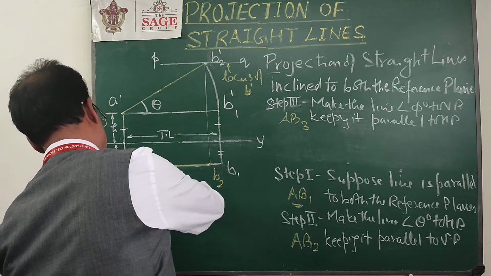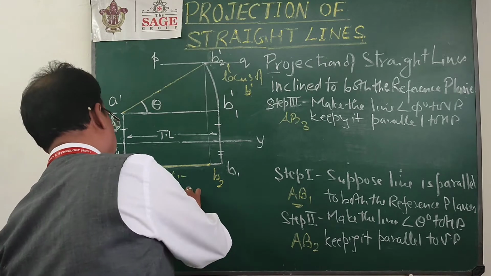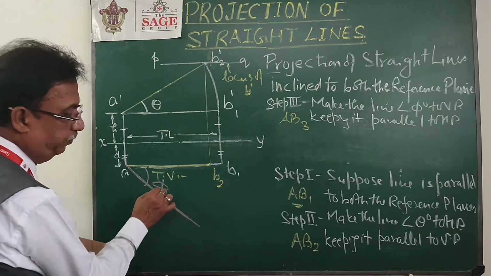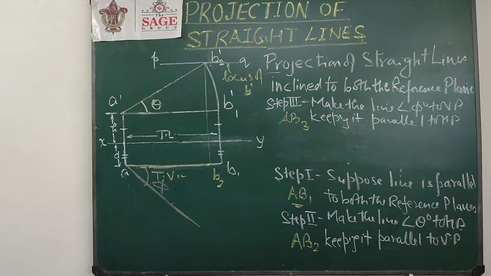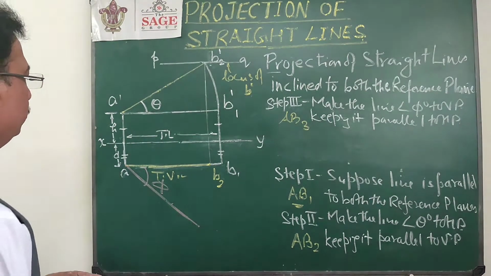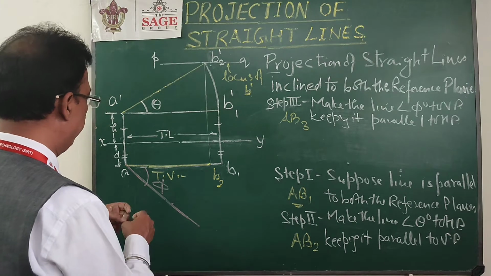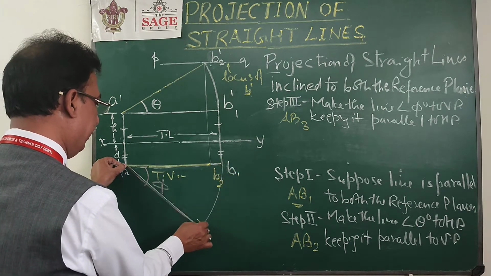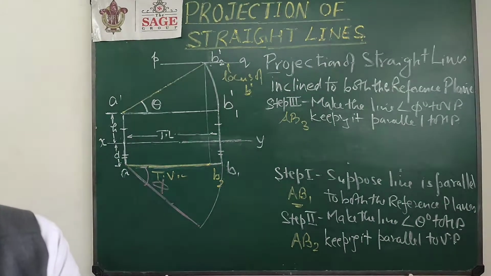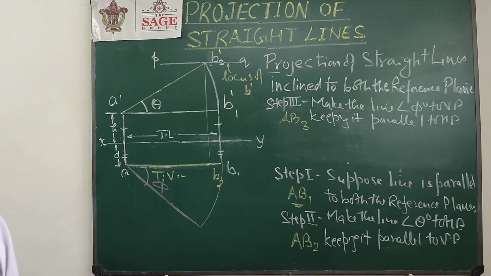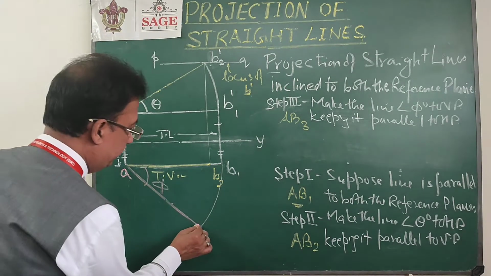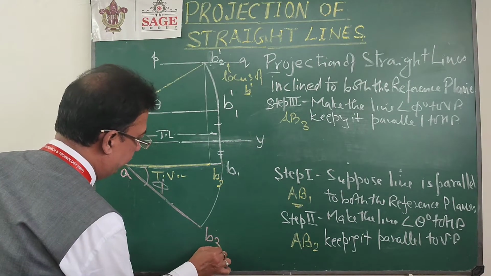I am taking a little bigger angle than theta, so my phi will be a little bigger, and this will be phi. As you know, the length of the top view is not going to change, so true length again, I will rotate true length, take A as center and AB1 as radius, shift this line. This is our point A and this will be our point B3.